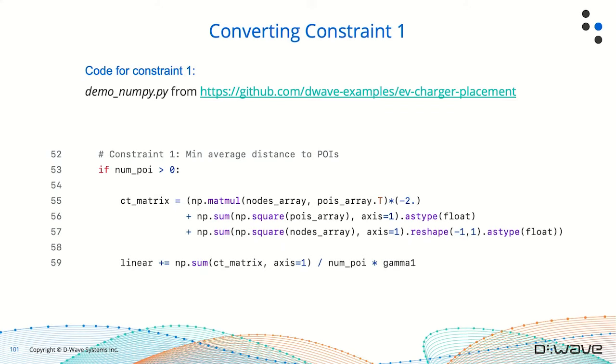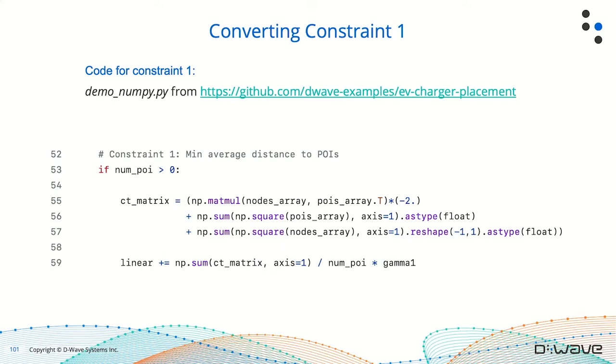And so that's building up that cross-term matrix. And then in line 59, you see in one step, I'm adding to my linear biases, and I'm doing that sum and dividing by the number of points of interest. So I'm computing that average and multiplying by a Lagrange parameter and adding it to whatever I already have for my linear biases.